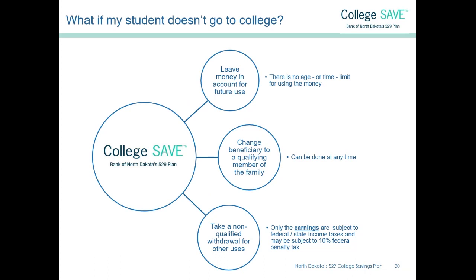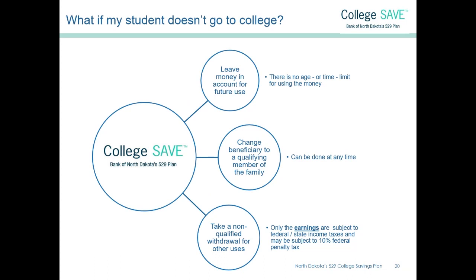So number one, no age limit or time limit on using the money. You can also use the money for one of the other children's beneficiaries. In other words, a member of the family or sibling, right? So let's say you have a 16 or an 18-year-old and a 9-year-old, and the 18-year-old goes through college and you don't use all the money and there's money left over, and your 9-year-old's now 15 and they have their own College Save plan account.